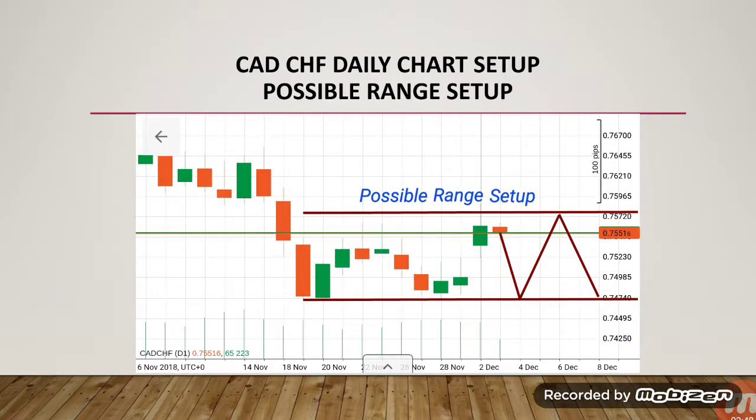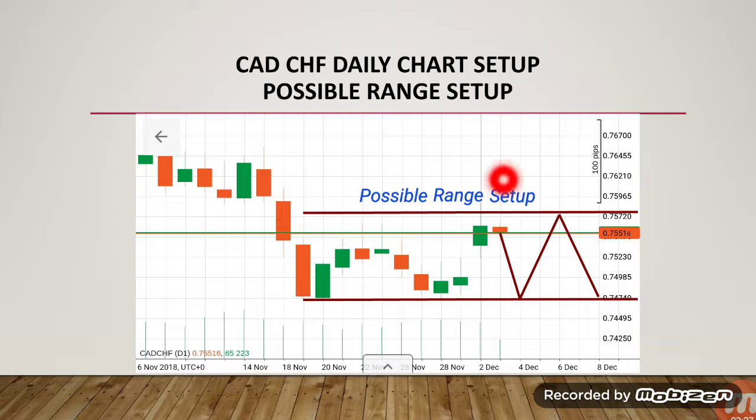Now here you can see the setup on the Canadian Swiss franc daily chart, where based on the waves that have been formed so far on this time frame, as well as on the 4-hour chart that we'll take a look at in a while, it gives us the impression that the market is going to be forming a consolidation over the next several days, and that what is taking place now is that the market is getting ready to U-turn at this area here, provide us with a bearish signal, which will take out this bull candle and indicate the start of the movement back down to the support boundary that has already been formed.